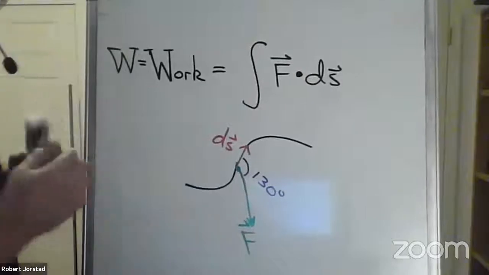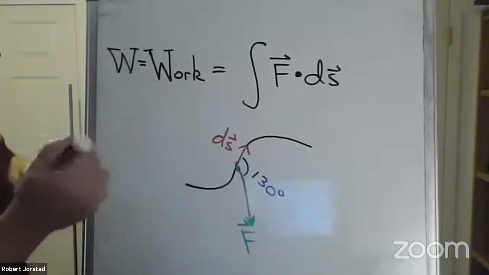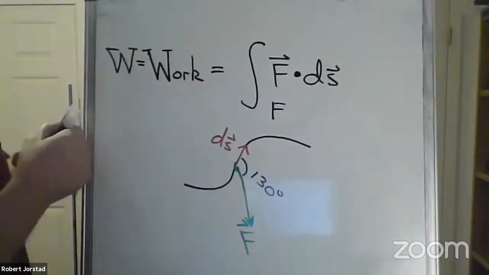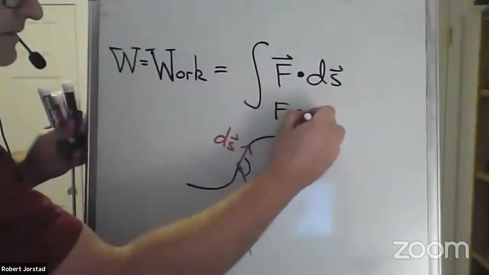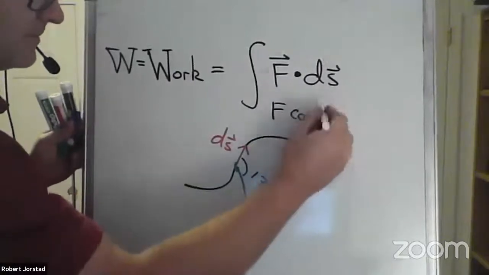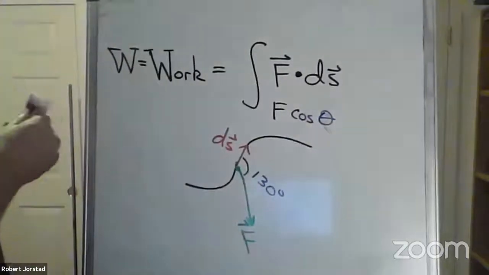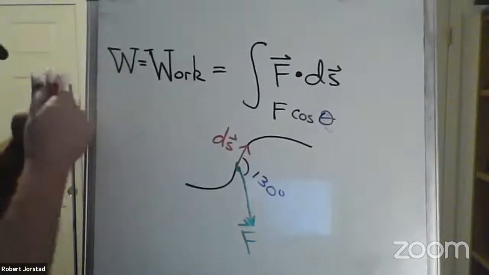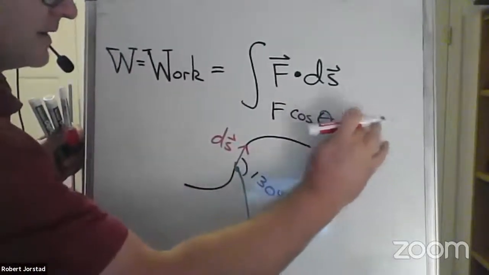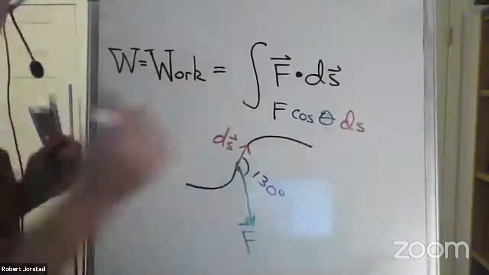How do you do the dot product? Isn't that F, let me just say theta for right now. Isn't that essentially the dot product?